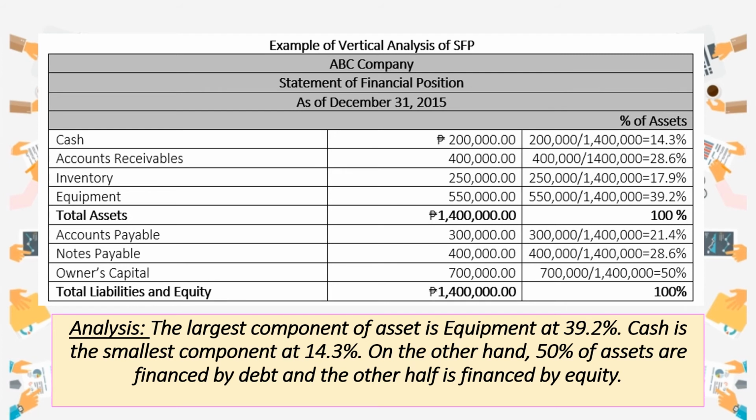On the other hand, for the liabilities and equity, 50% of assets are financed by debt and the other half is financed by equity, because 50% is for the liabilities and 50% is for the owner's capital. So for our analysis, we will base on the value of the biggest one and the smallest one, and then how we are going to interpret or connect the liabilities, the equity, and the assets.